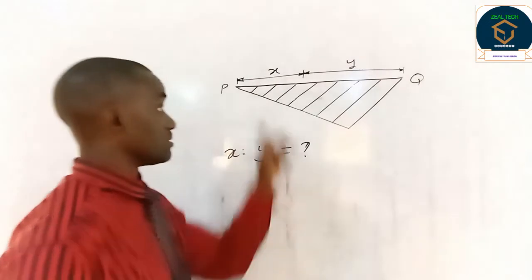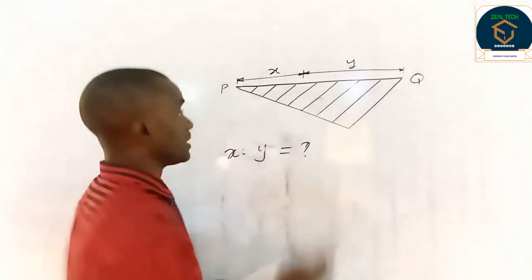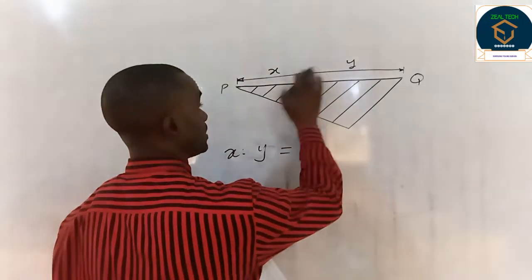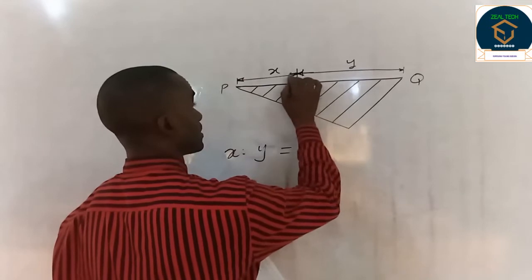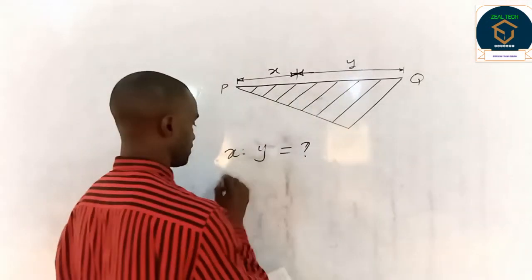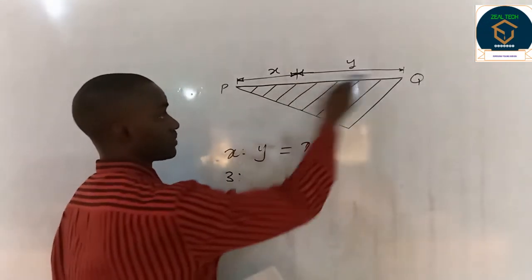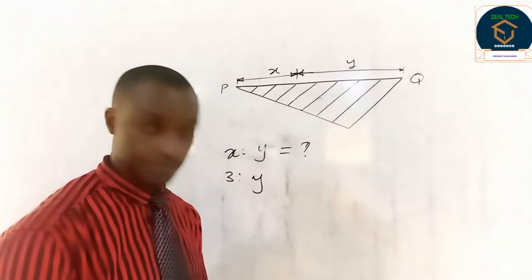How do we get this? Simple. From here to here is for x. Now how many divisions are there? The ratio of divisions is 3 to 5. Automatically the answer is A.